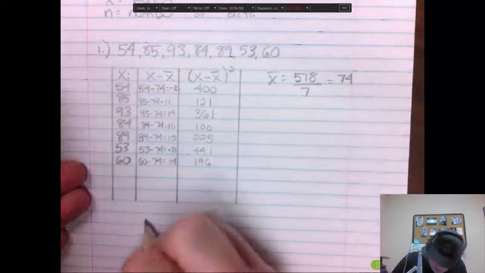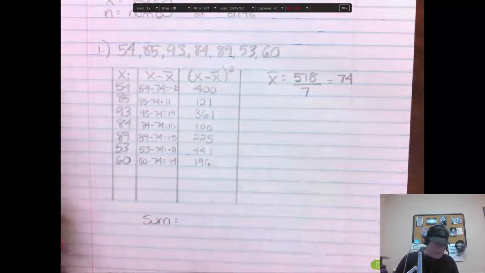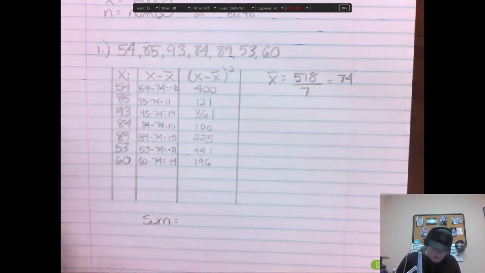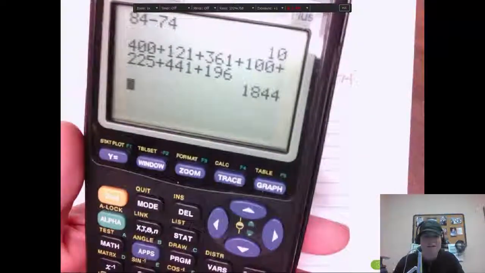So the sum is just going to be adding up all of these numbers here, which is going to be, let's see, 400 plus 121 plus 361 plus 100 plus 225 plus 441 plus 196. So I just put them in my graphing calculator. Any kind of calculator is fine. Equals 1,844.